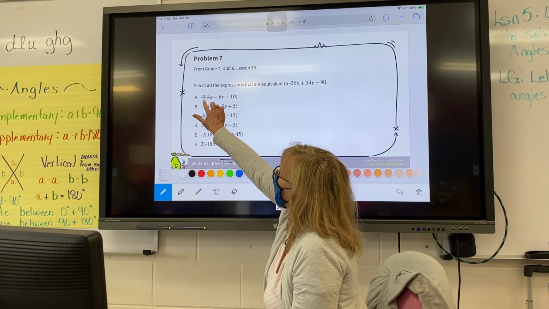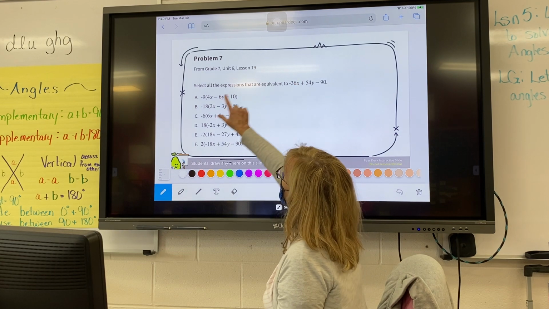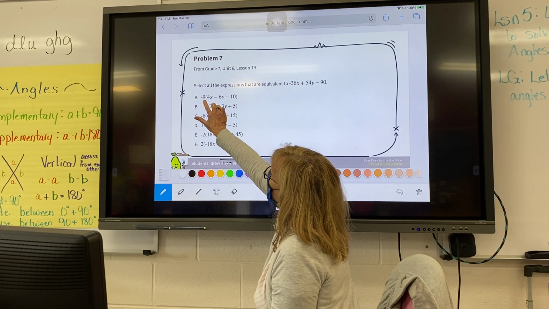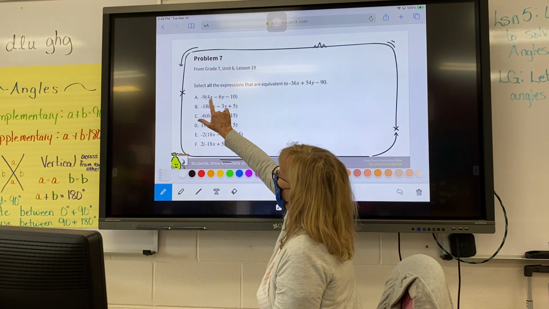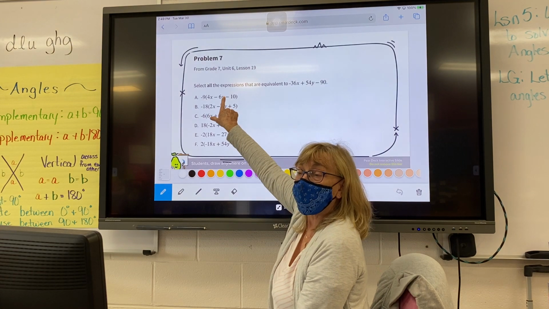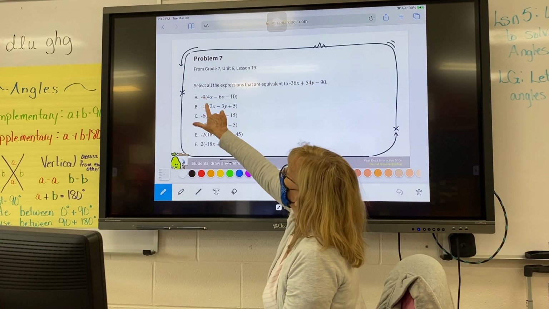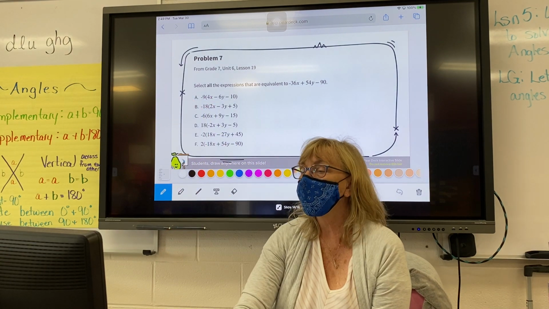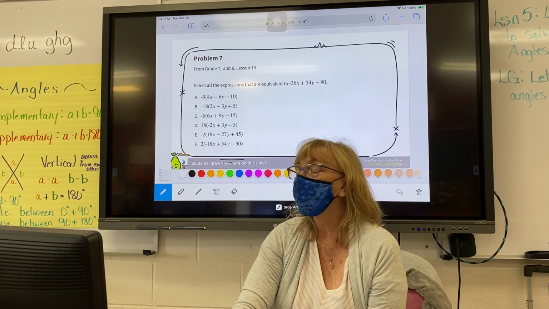Negative 9 times 4 is negative 36x. Okay, and then negative 9 times negative 6 is 54. Remember that this subtraction sign belongs to the 6. So she is right. And then the same thing with the 10, where negative 9 times negative 10 is 90.